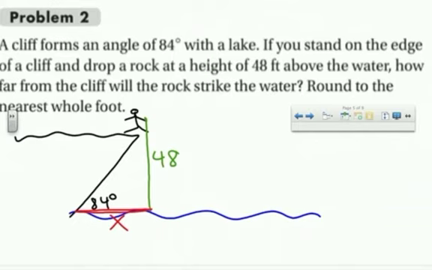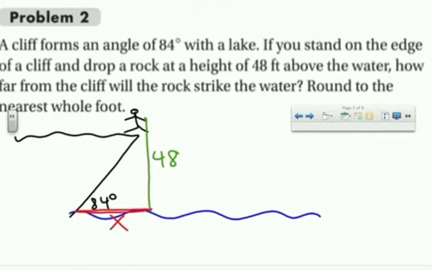Before we use the trigonometry, though, we have to define what trig ratio we're going to use here. And here's the thought process of how you do that. You look at where the angle is, you look at where the sides are, and you're asking yourself, what combination of opposite, adjacent, and hypotenuse am I looking at here? And based on that combination, you're selecting what trig ratio you're using.